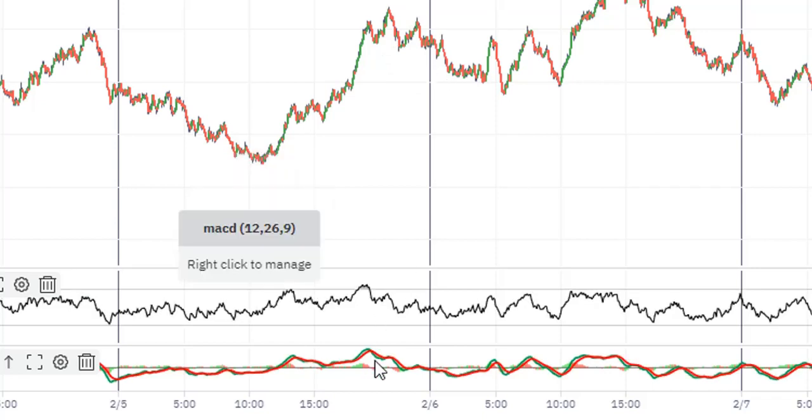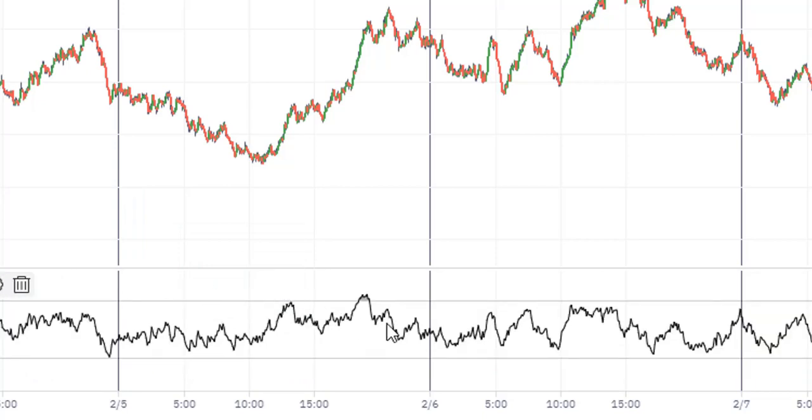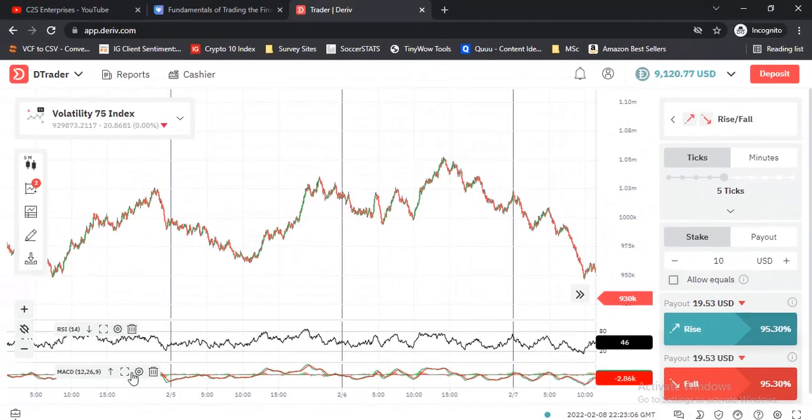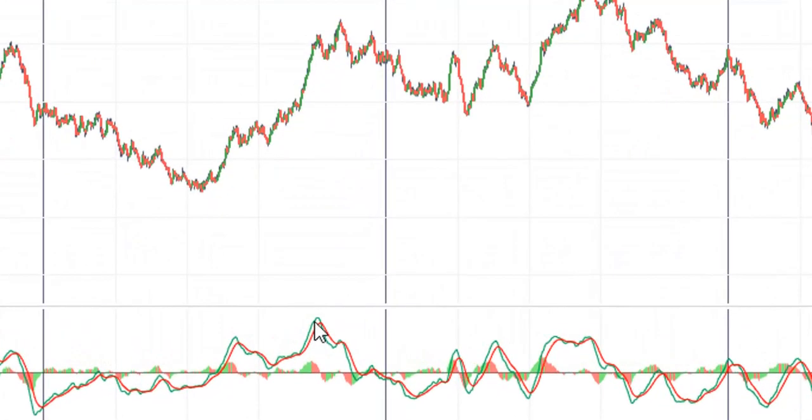Let me expand that so that you see it. And for the MACD, you have the green line crossing from up to down.